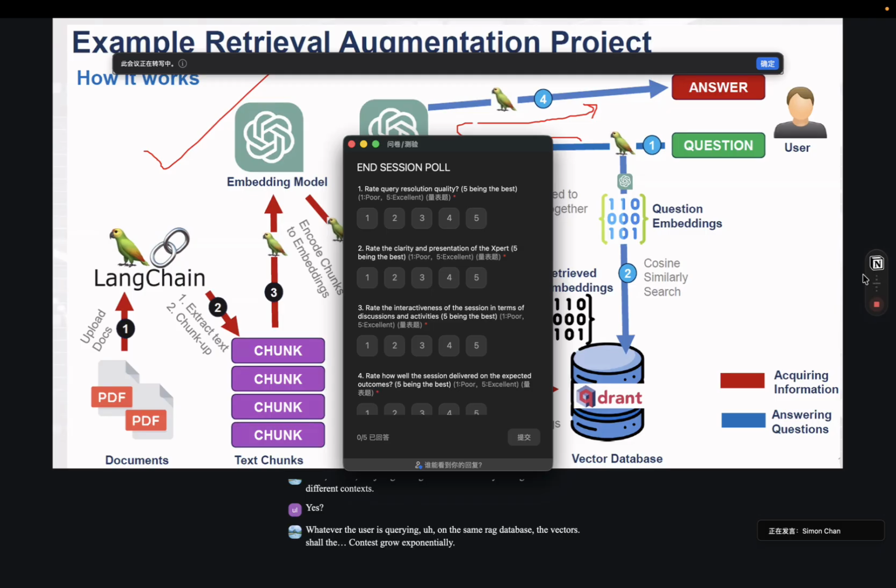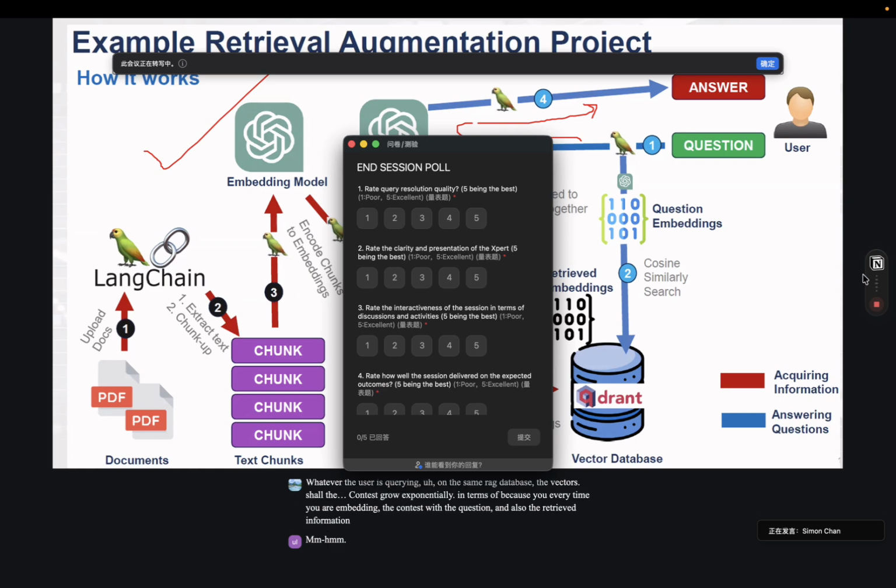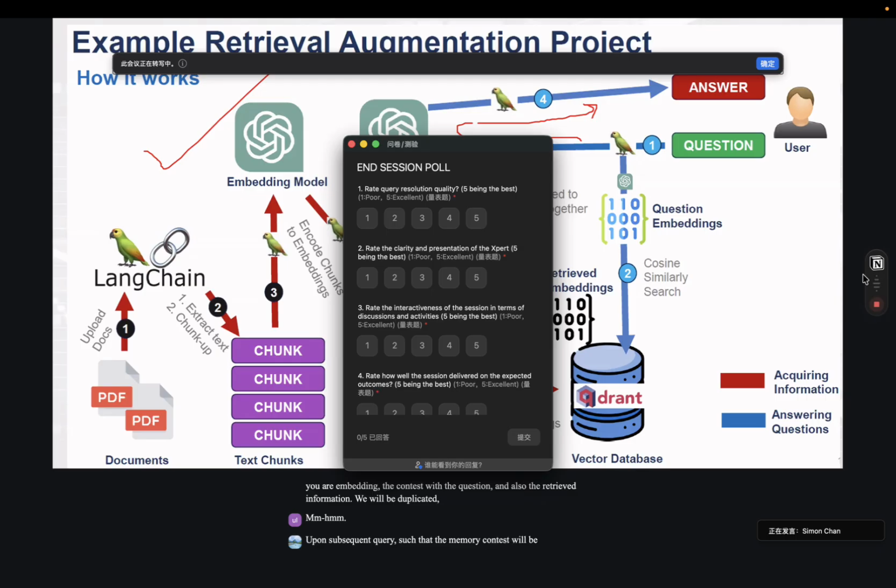Because every time you are embedding the context with the question and also the retrieved information, will it be duplicated upon subsequent queries, such that the memory context will be exhausted very soon? I'm thinking about the performance issue.